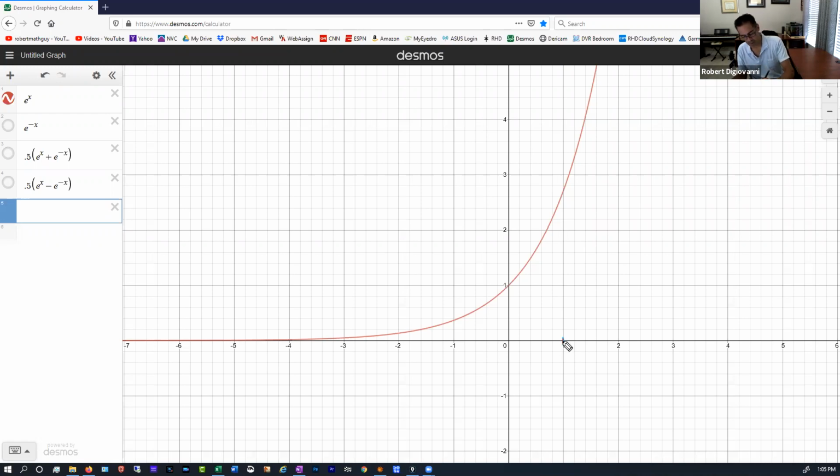Let's say we go to the x value of 1, and we plug that into the function e to the x, right? That's the function we're looking at, y equals e to the x. And when we plug that in, we're going to get some value. It's going to be like 2.7 something, right?